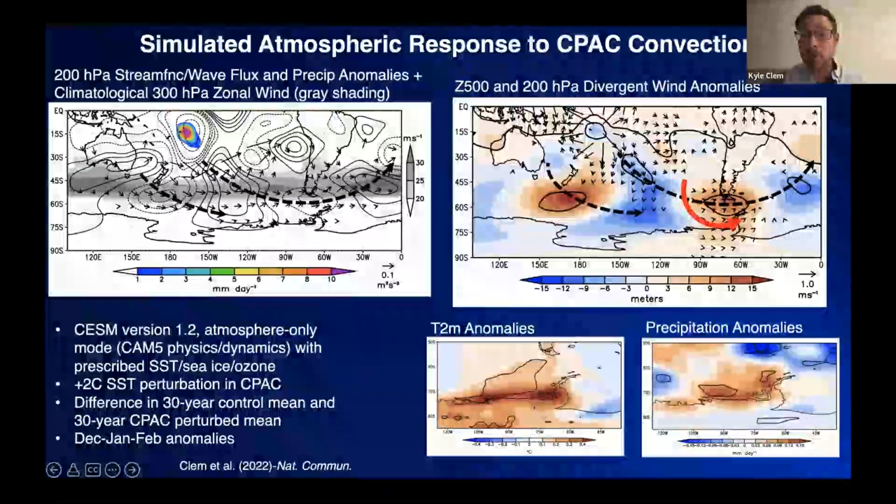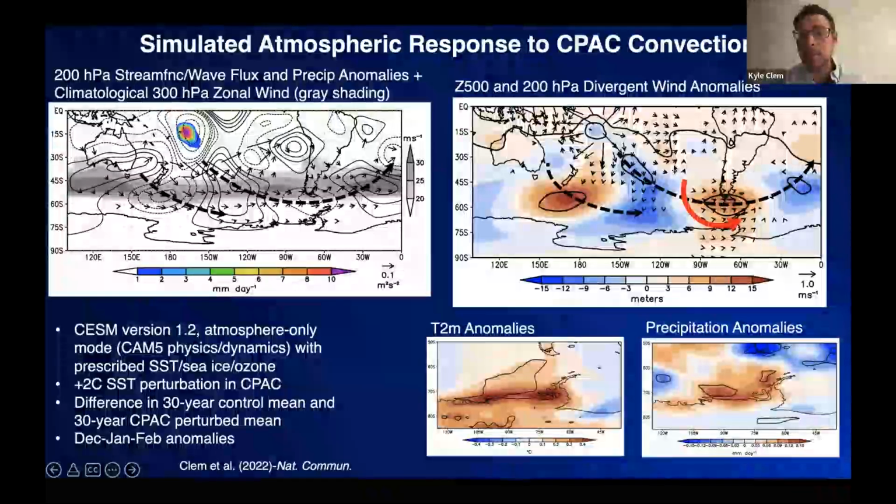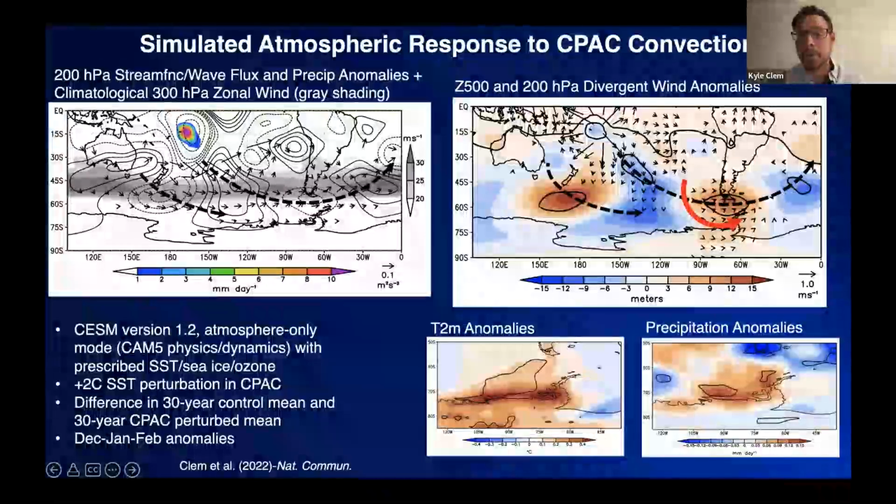And together these would be favorable for transporting very warm, moist air from lower latitudes down to the Antarctic Peninsula. And this is not SAM-like, so the circulation response to this convective forcing is very zonally asymmetric, which is a good feature if you want to generate strong poleward moisture fluxes.